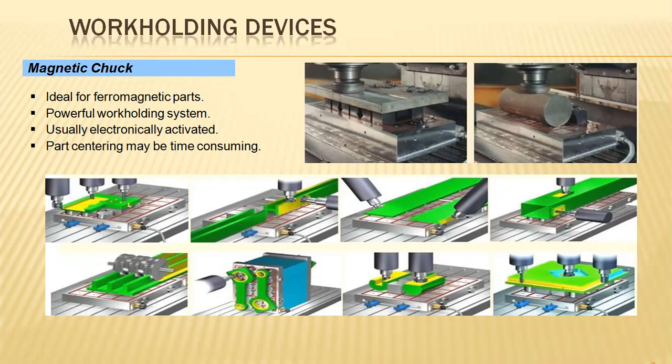Usually, we'll have an electromagnetic activation system also for its conduction and processing of work very easily without any movements misleading. And here the part centering may be a time consuming process.